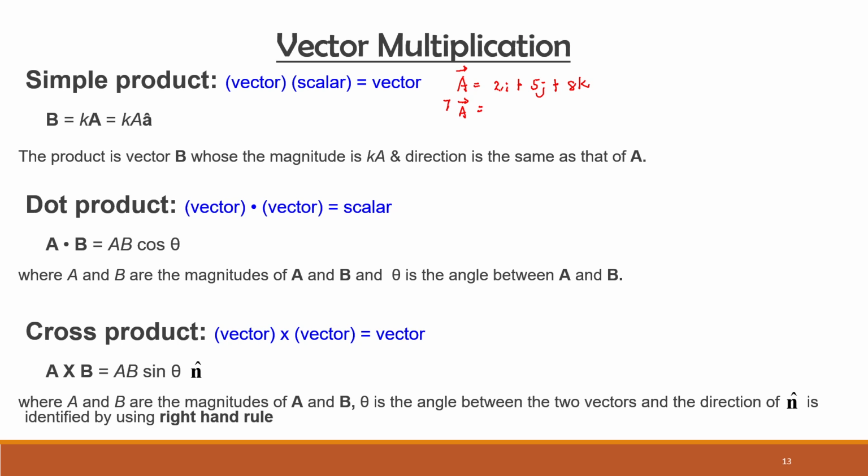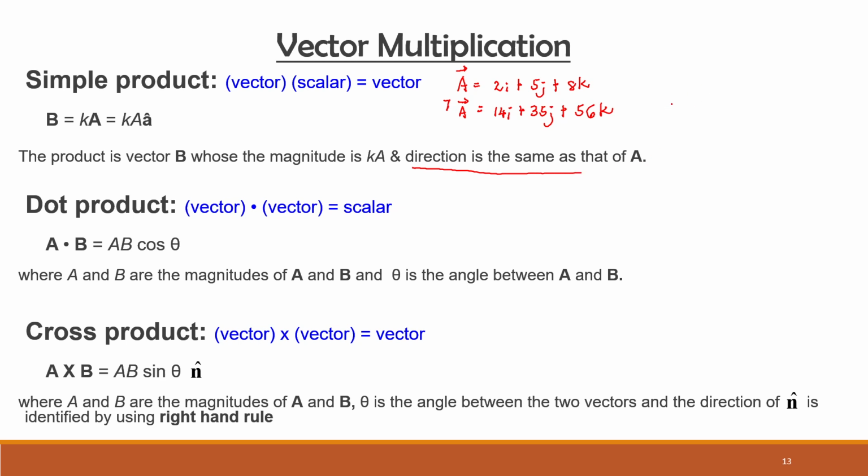Each component will be multiplied by 7, so you have 14i plus 35j plus 56k. So this is a vector multiplied by a scalar, and the result is still a vector.